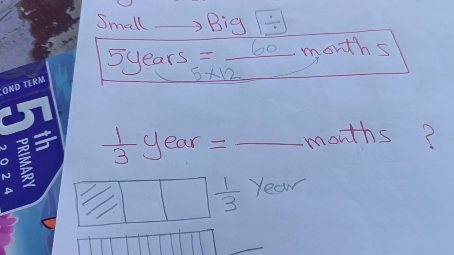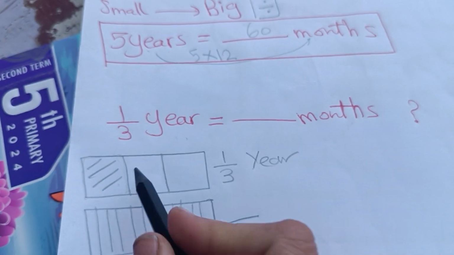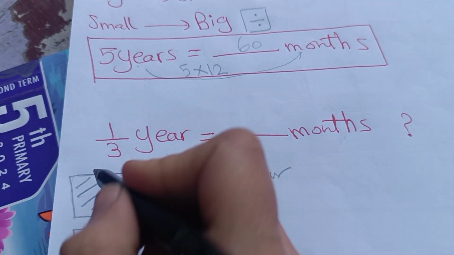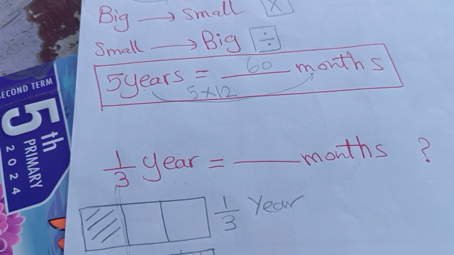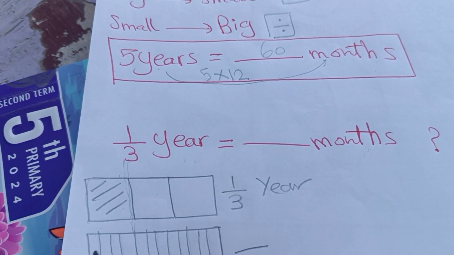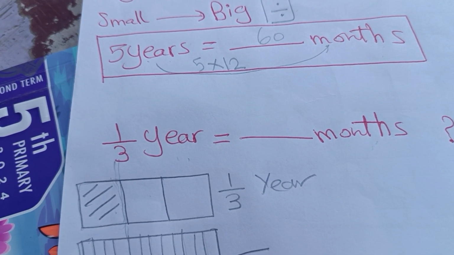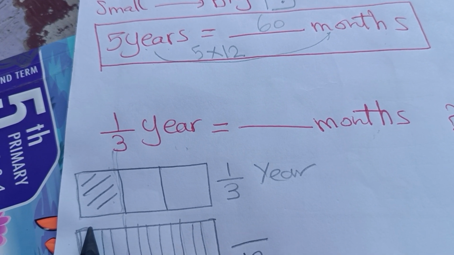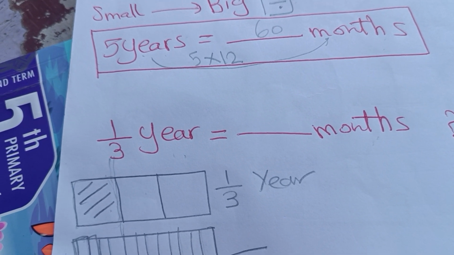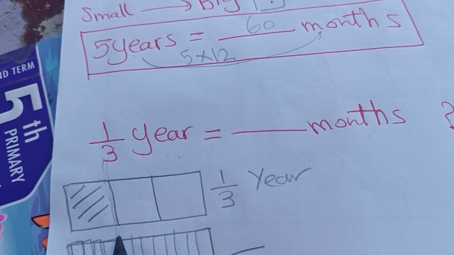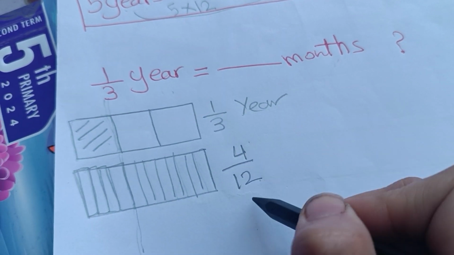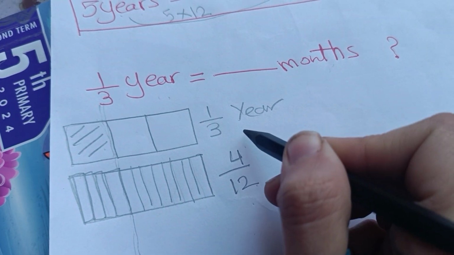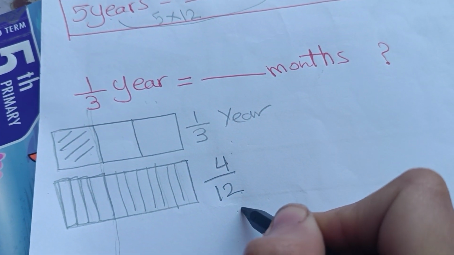For 1/3 of a year, to get the equivalent fraction, how many months will it be? Get the equivalent fraction like this, and you know that each unit fraction is a month, so it will be 1, 2, 3, 4. So they are 4 out of 12 months. They are 4 months out of 12 months.